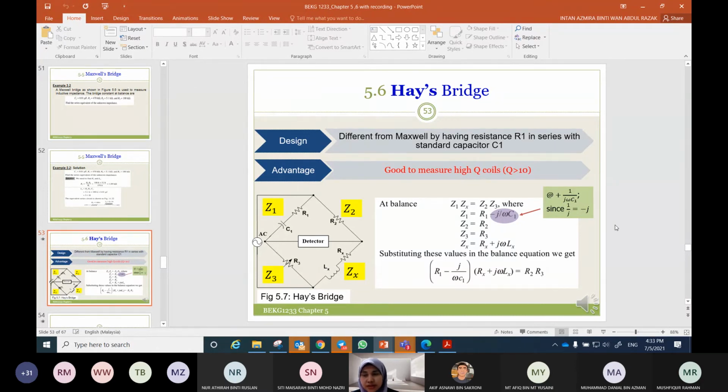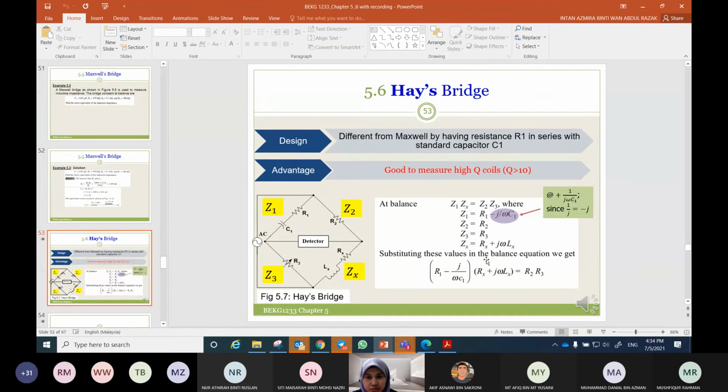If you press your calculator, 1 over j is equal to minus j. So we also can write it like this: minus j divided by omega C1. And then Z2 is equal to R2, Z3 is equal to R3, and Zx is equal to Rx plus j omega Lx.